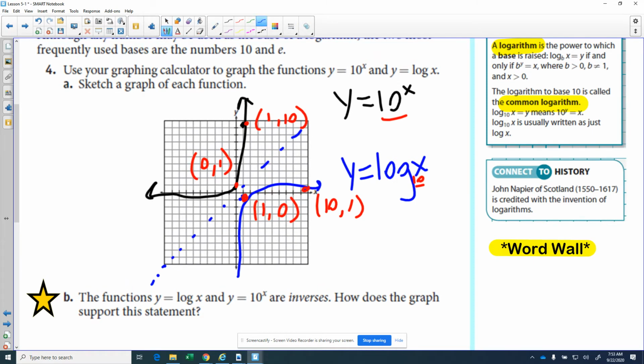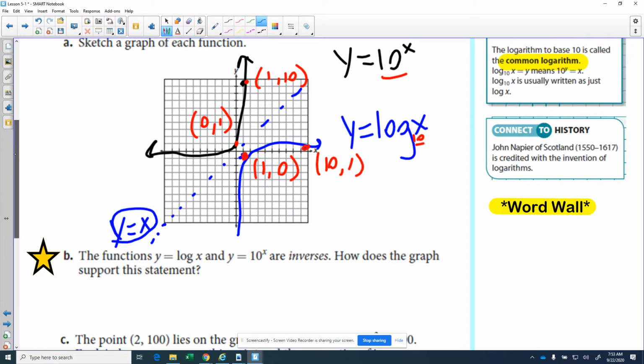So if I look at this function here and work this out, these two could be flipped over that dotted line right there. The reason why this works is that we're flipping the y and x values, which gives us the whole graph itself, y equals x, because if I were to flip those values, I would get the opposite coordinate point.